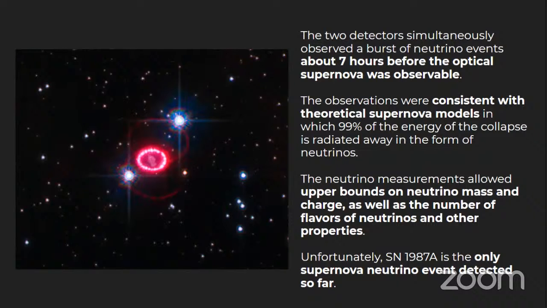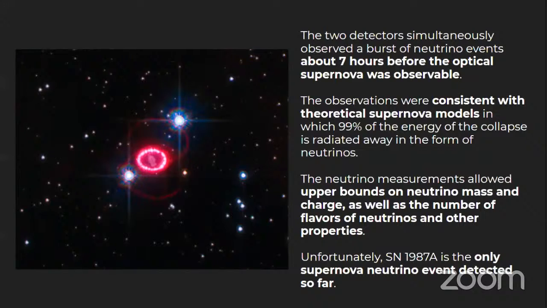So this information from supernovas can help us learn more about neutrinos, like how they change over long distances, or help us set limits to how massive they are, about their charge, flavor, and other properties. And the other way around, neutrinos can also help us understand about supernovas, like more about the core collapse, the explosion mechanism, and the formation of neutron stars and black holes.